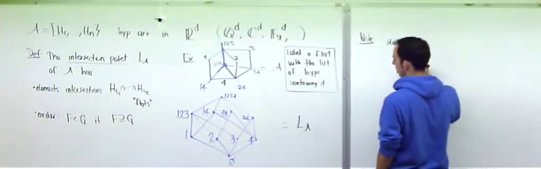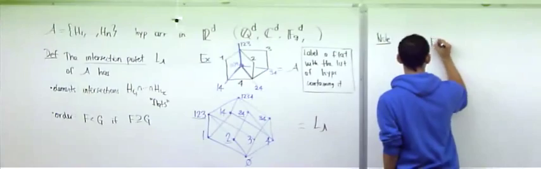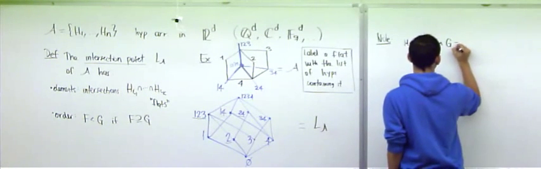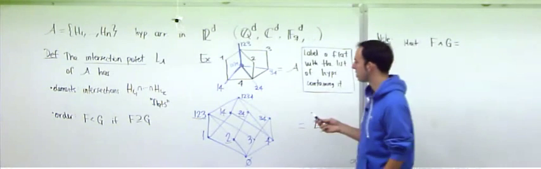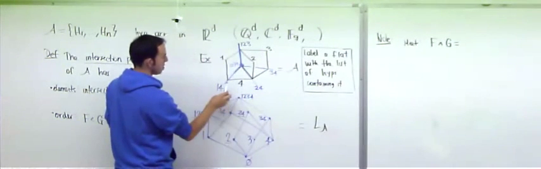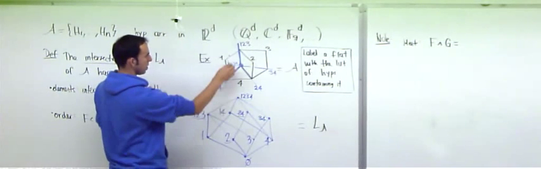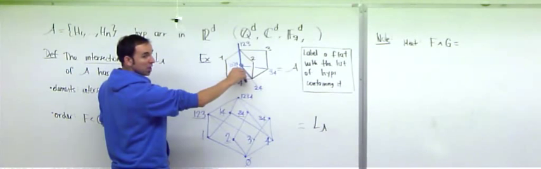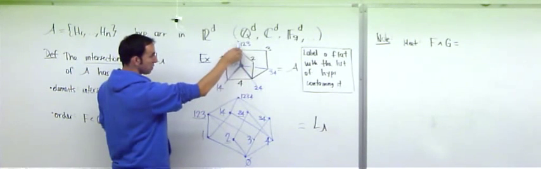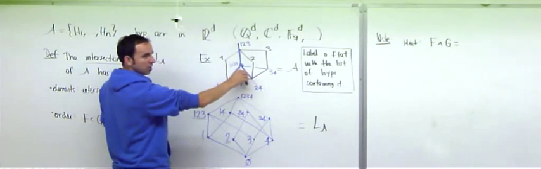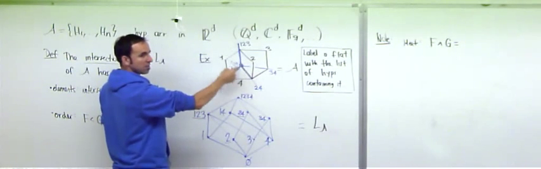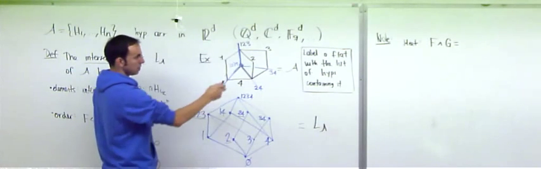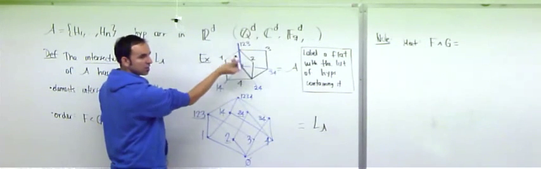So the meet of f and g, how would you define it geometrically? Here's 1, 2, 3, and here's 2, 4. We're not really intersecting, you see, because 1, 2, 3 is a line, 2, 4 is a line, and we're saying that the meet is 2. So why is it 2? It's basically the smallest flat containing these two guys.